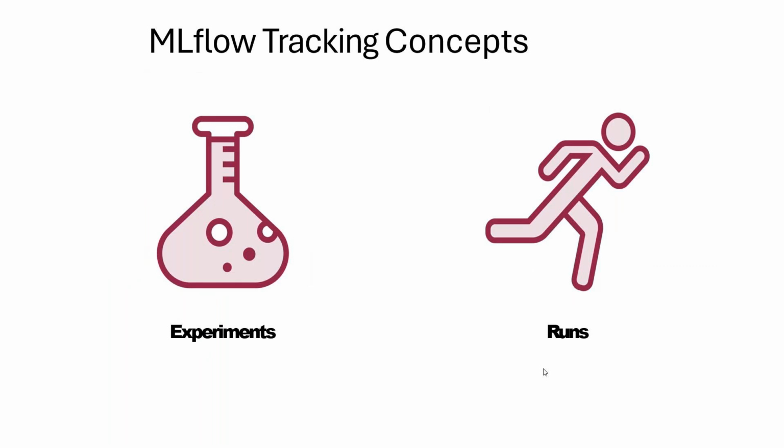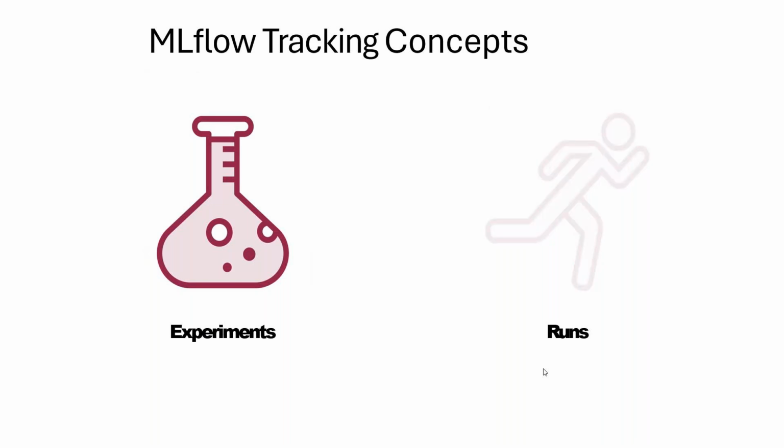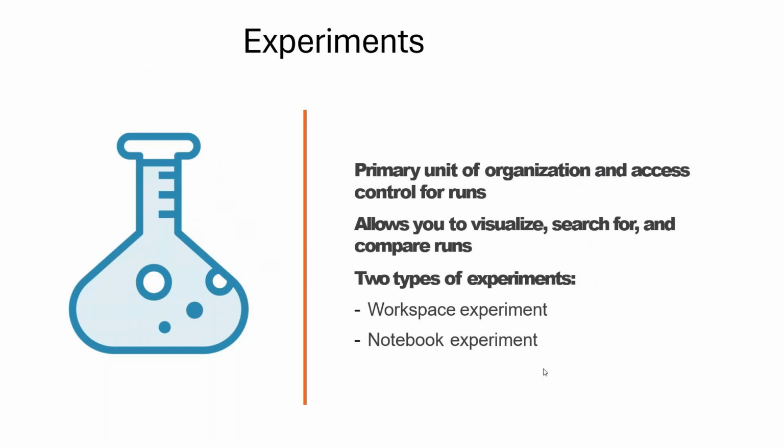Okay, so tracking also has two parts. One is experiment, another one is run. Experiment is the primary unit of organization and access control for runs, and allows you to visualize, search for, and compare runs.